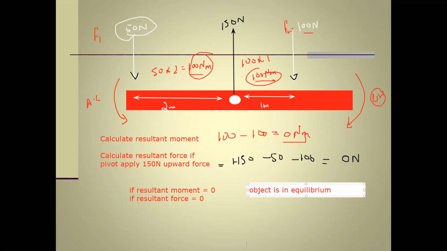So when the resultant force is 0, how does the pivot apply a force? See, because the pivot is trying to stop this object, according to Newton's third law, if you apply a force on the object, it will apply an equal force in the opposite direction to try to balance it.